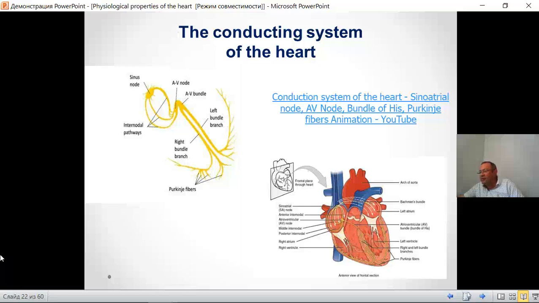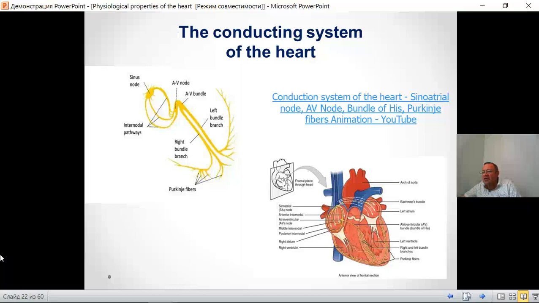Sinoatrial node. The sinoatrial node is a group of cells found high up in the right atrium, close to its junction with the superior vena cava. The sinoatrial node functions as the heart's intrinsic pacemaker, regulating heart rate.